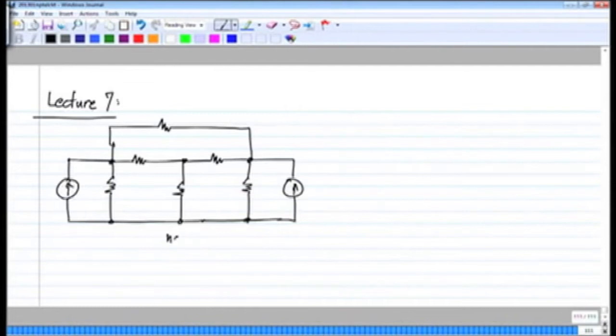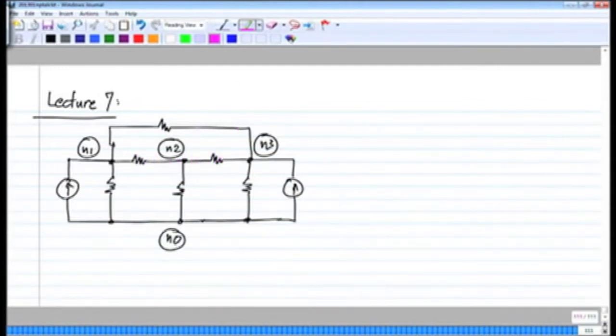I called this node N0, N1, N2 and N3, and the way I would go about doing nodal analysis is I make N0 my reference node. You could pick any one. In this case I have picked N0, and I write down the voltages of each node with respect to N0 as V1, V2, V3, and express all my relationships in terms of V1, V2 and V3.